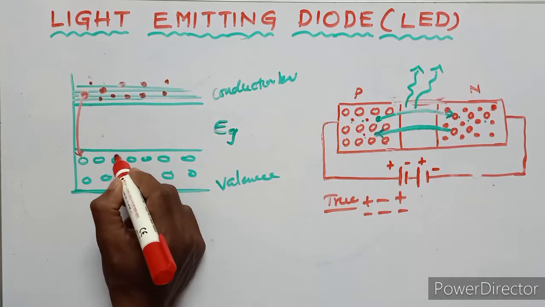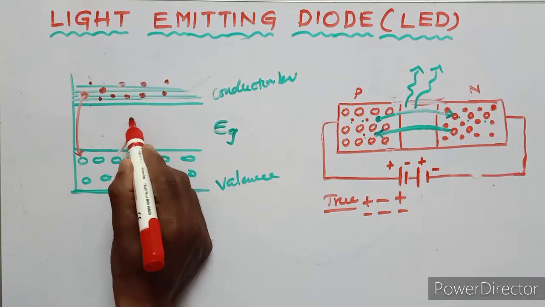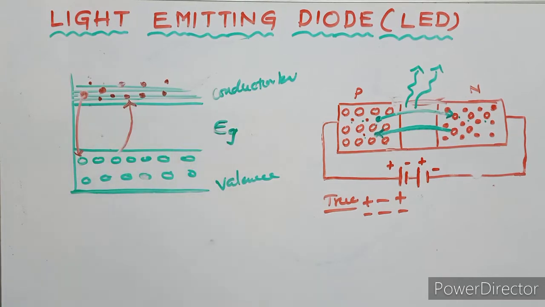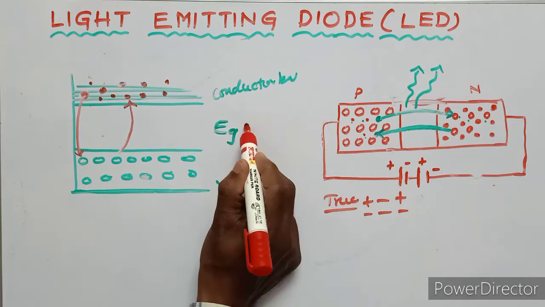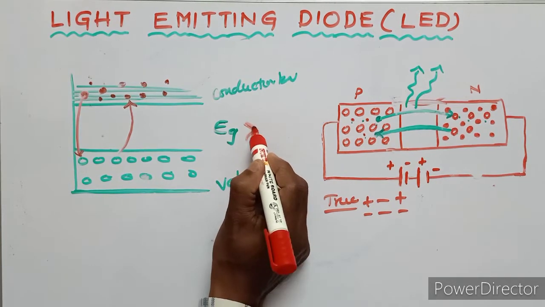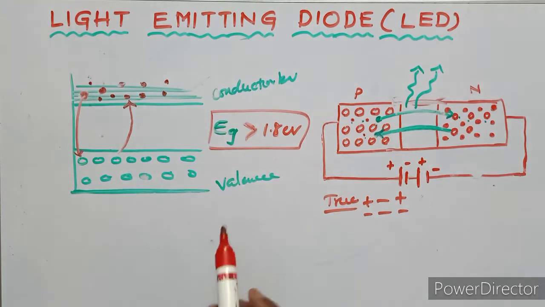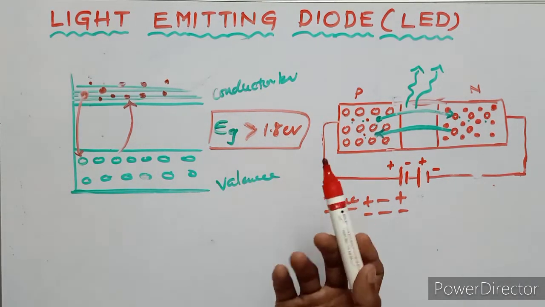And also this hole jumps towards the free electron. This is the energy gap. This energy gap is greater than 1.8 electron volts. If this condition is satisfied, then light is visible.